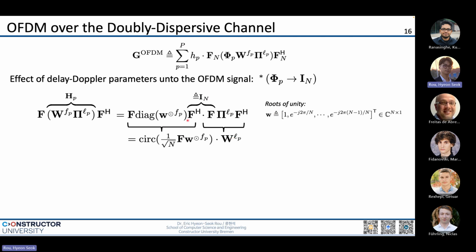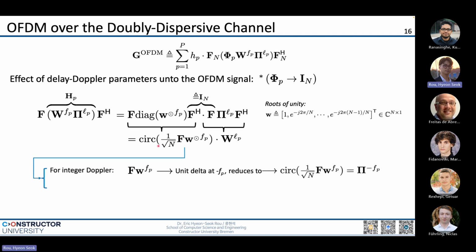And then again, this diagonal matrix conjugated with the Fourier matrices yields a circulant matrix whose first column is given by the Fourier spectrum of the diagonal. So we have this diagonal vector in the middle, and taking the Fourier transform yields the first column. And then the remaining columns of this matrix are simply circular shifts of the same Fourier spectrum.